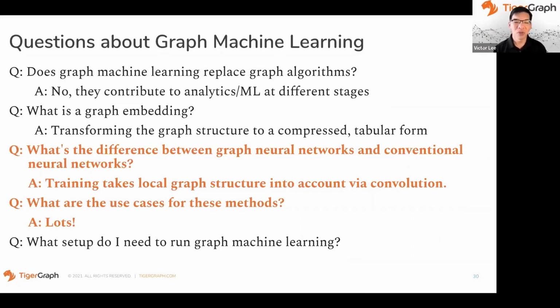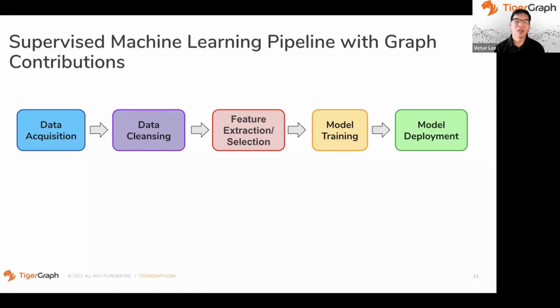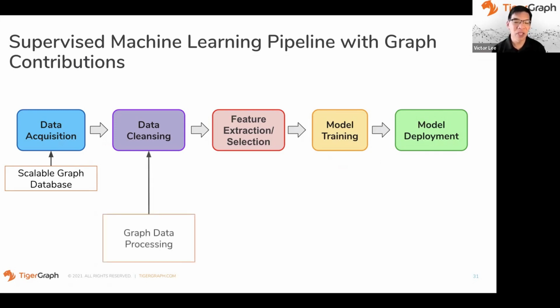The last question we're going to look at is, what setup do you need for graph machine learning? And here it's useful to, again, look at our pipeline. So first off, you're going to want a graph database and hopefully a scalable one to make sure it's large enough and performant enough for the task you need to do, because you're going to be doing some computationally complex or intense stuff.